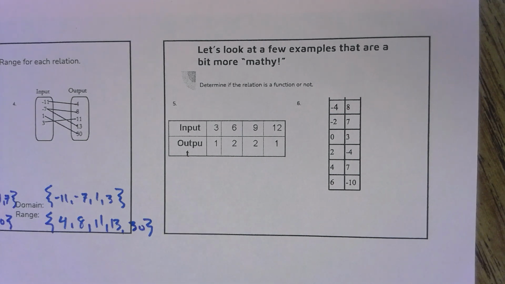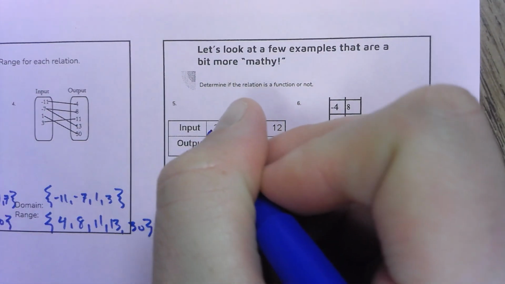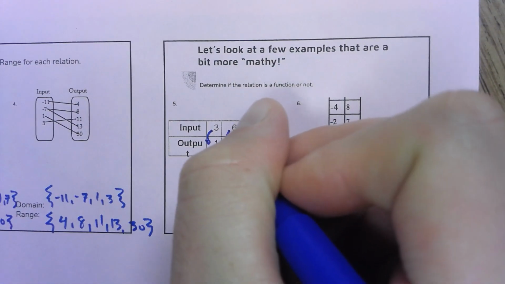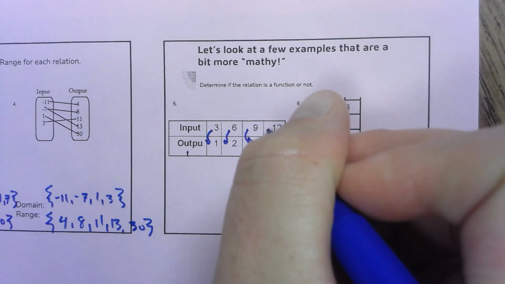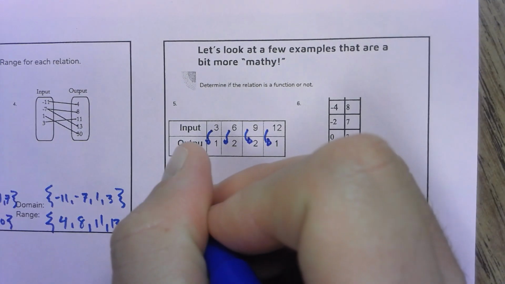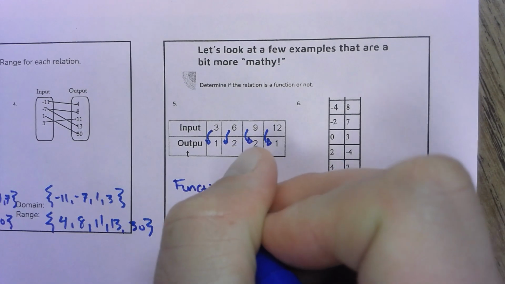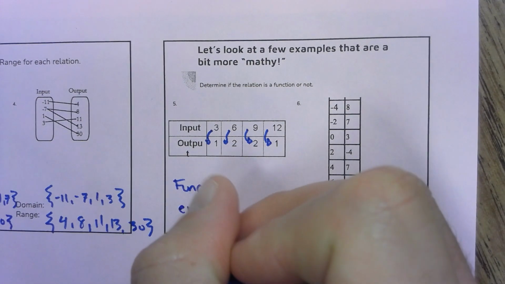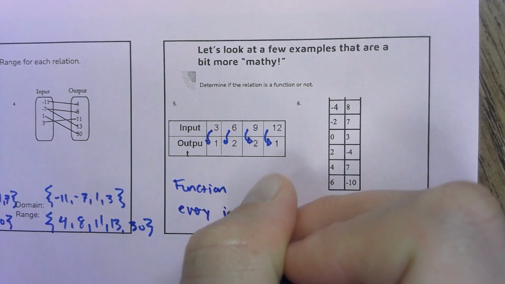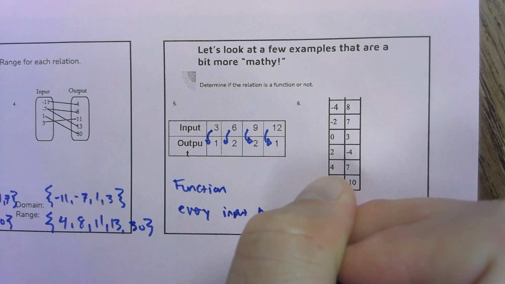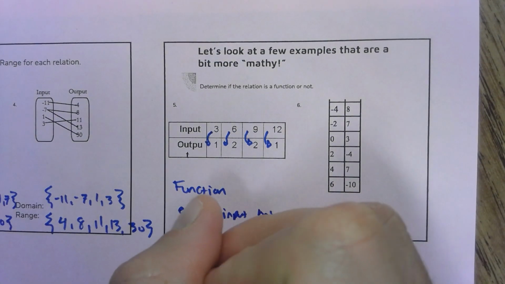Now we need to see, and basically what I look for, is there any input that's listed more than once? Or we could even make this a mapping diagram, right? When I get 3, that goes to 1. When I get 6, that goes to 2. 9 goes to 2, and 12 goes to 1. So this is a function. Every input has one output.